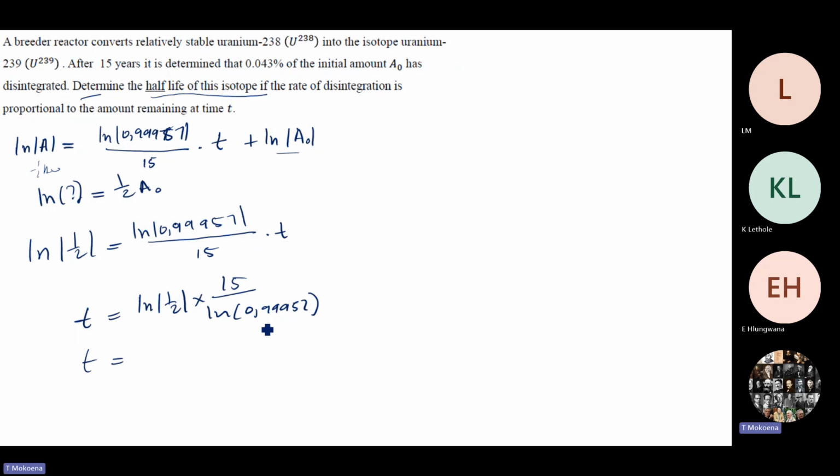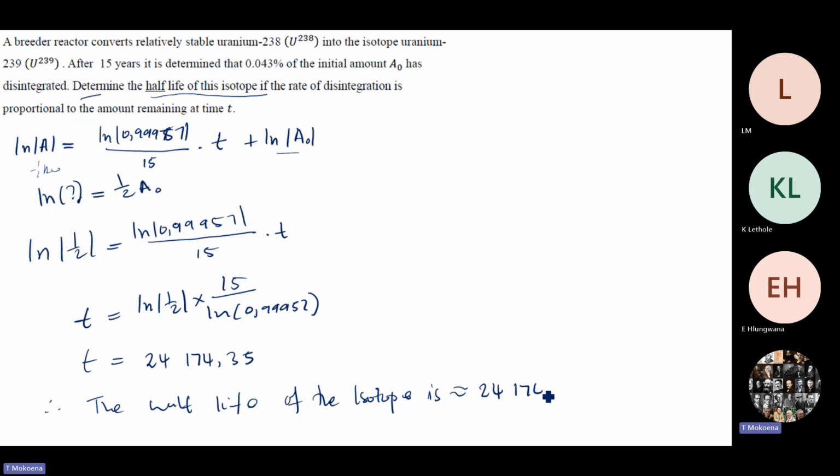And then the answer that I get is 24,174.35, and so on. Here, because we are looking for years, we can round it to the nearest whole number. Okay, so we can conclude by saying the half-life of the isotope is approximately 24,174. And this will be our final answer.